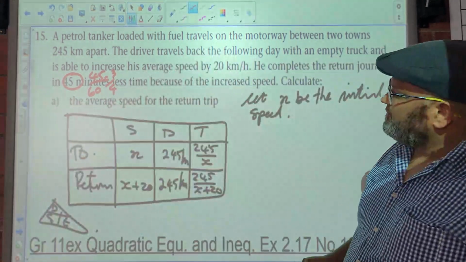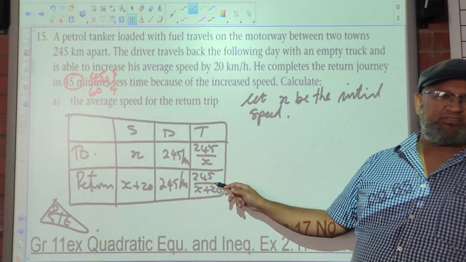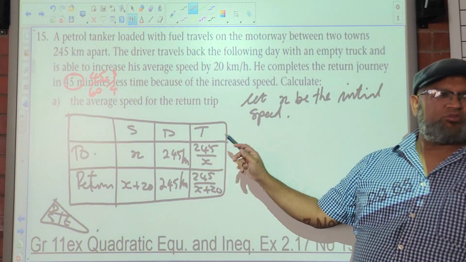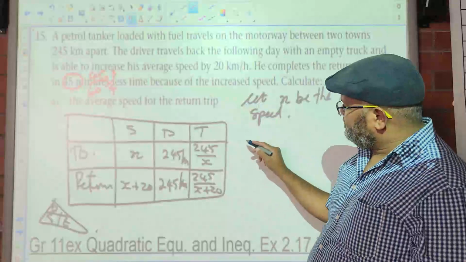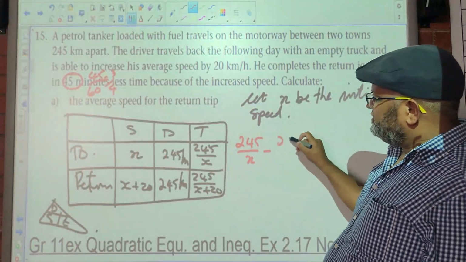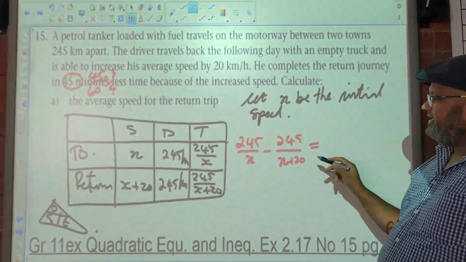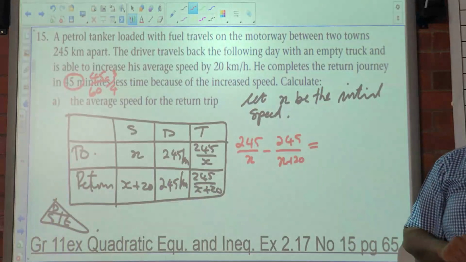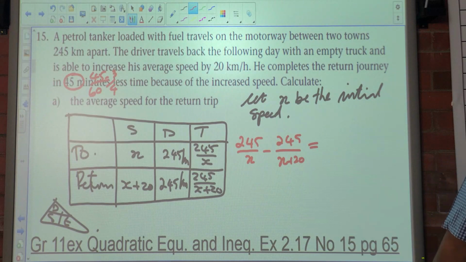People, so which time takes longer? To or from, over return? To the place, to the town, initially. So if we take 245 over x minus 245 over the return trip, which is x plus 20, he does it in 45 minutes sooner.